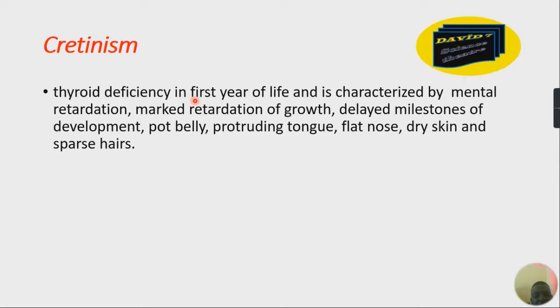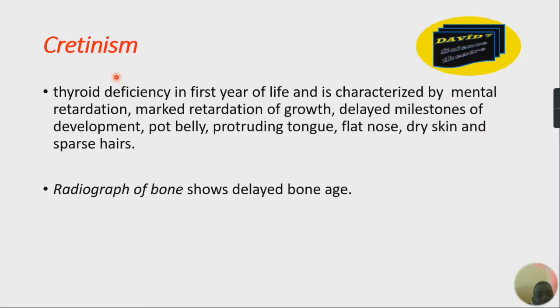In cretinism, there is thyroid deficiency in infantile life or the first year of life, and it is characterized by mental retardation, marked retardation of growth, delayed milestones of development, a pot belly, protruding tongue, flat nose, dry skin, and sparse hair. So all these are characteristics of cretinism, infantile hypothyroidism.